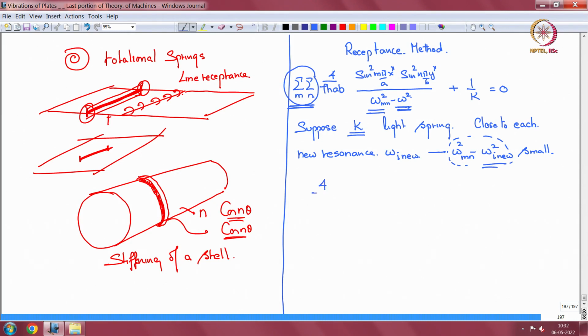So, we will have 4 by rho h a b, sin square m pi x star by a, sin square n pi y star by b, by omega mn square minus omega square is equal to minus 1 by k.